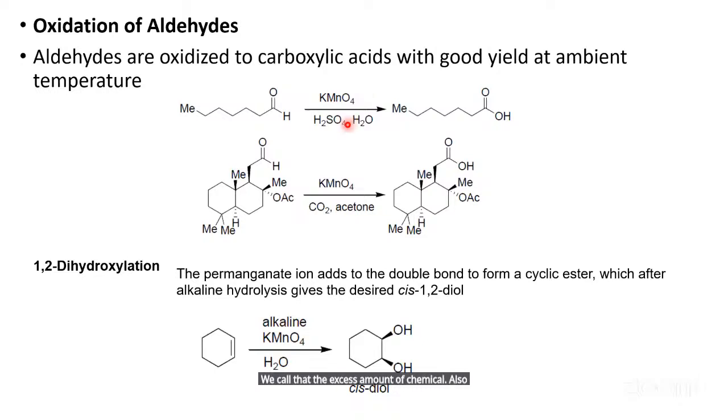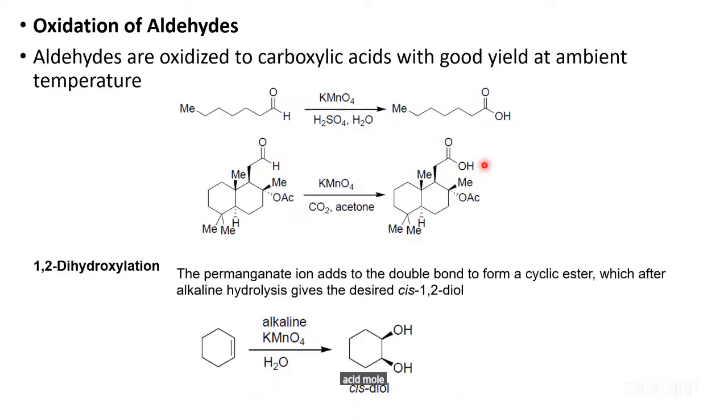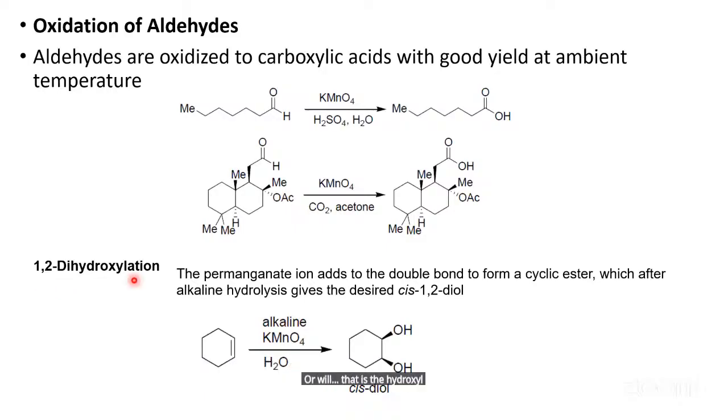Also, compounds which are sterically hindered, the sterically hindered aldehydes, are further oxidized to the acid molecule. In addition, another application of this reagent we observe is the hydroxylation process.